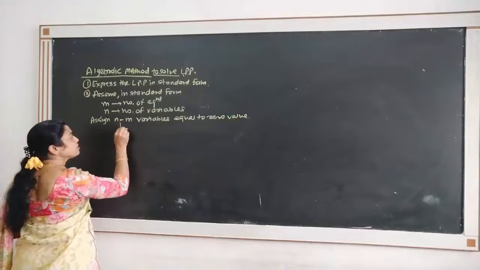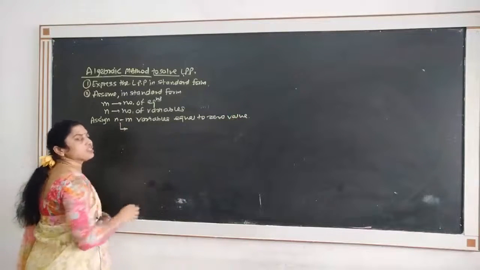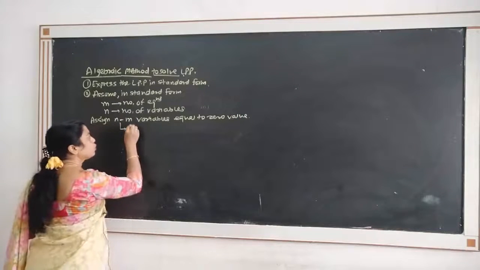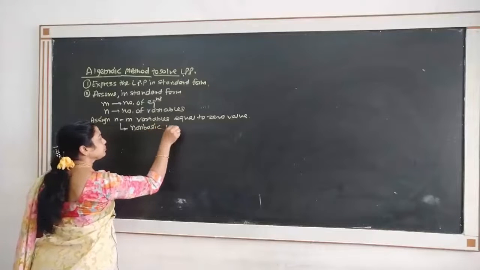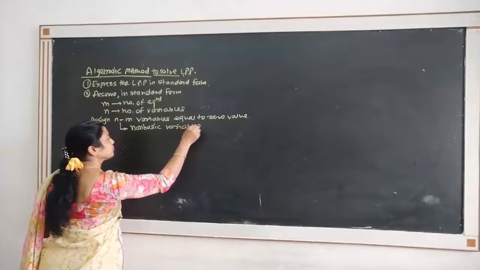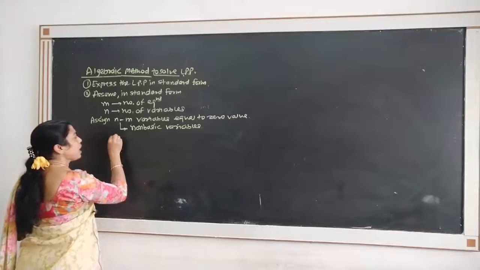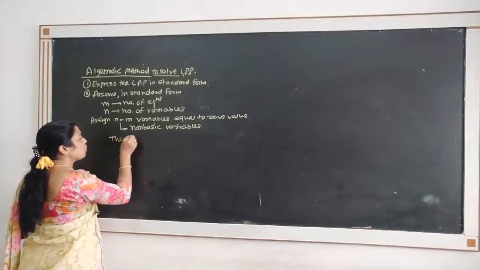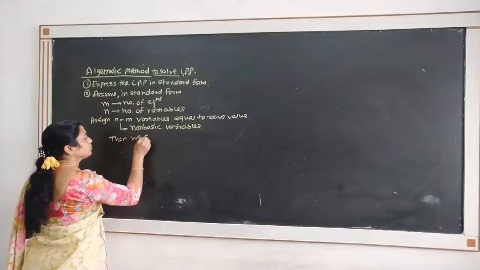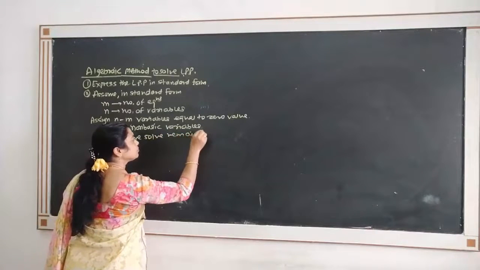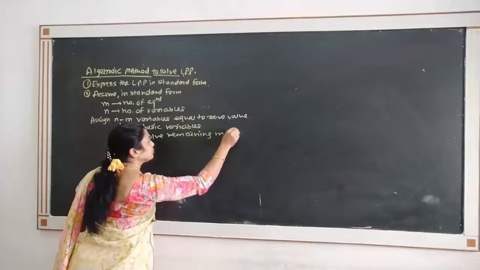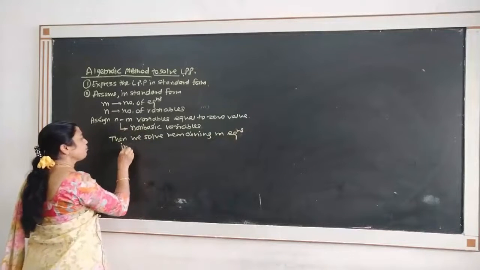These n minus m variables which we assign to be equal to 0 are known as non-basic variables. And the remaining m equations, we solve in m variables.